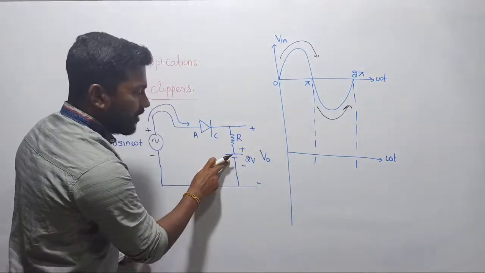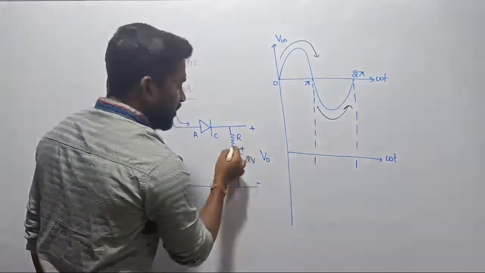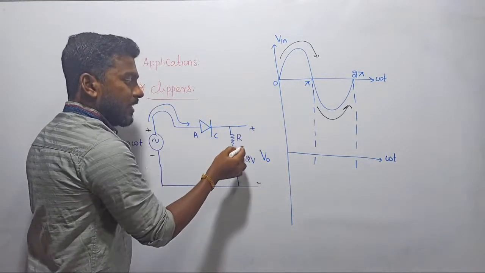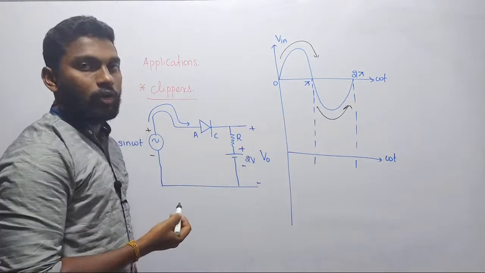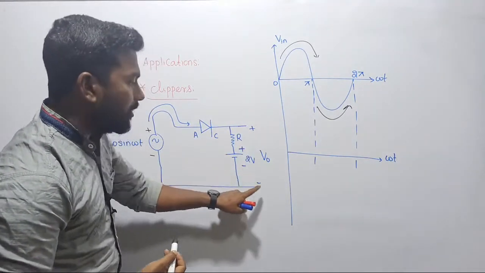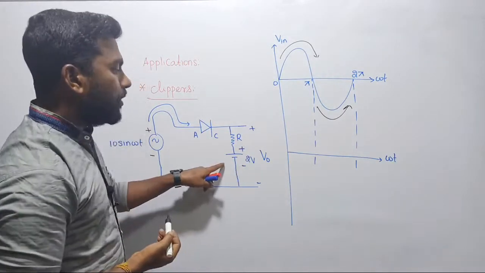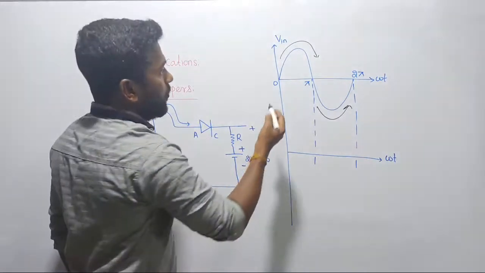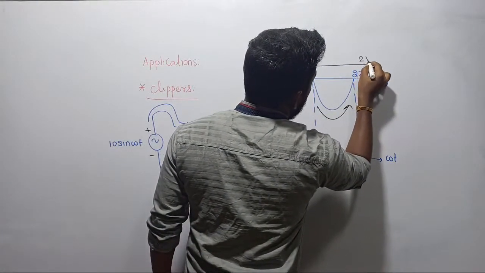There is one more voltage source, that is 2 volts, right? Here the positive terminal of the battery is connected with the positive terminal of the output, and the negative terminal of the battery is connected with the negative terminal of the output. It means in the output side the connected battery is a positive battery, right? So let me consider that level of voltage is 2 volts, along with the input signal.